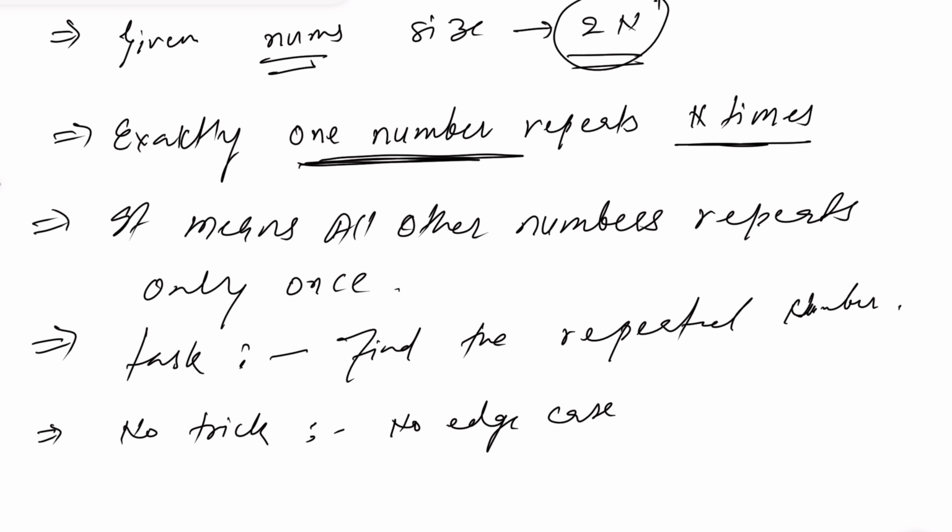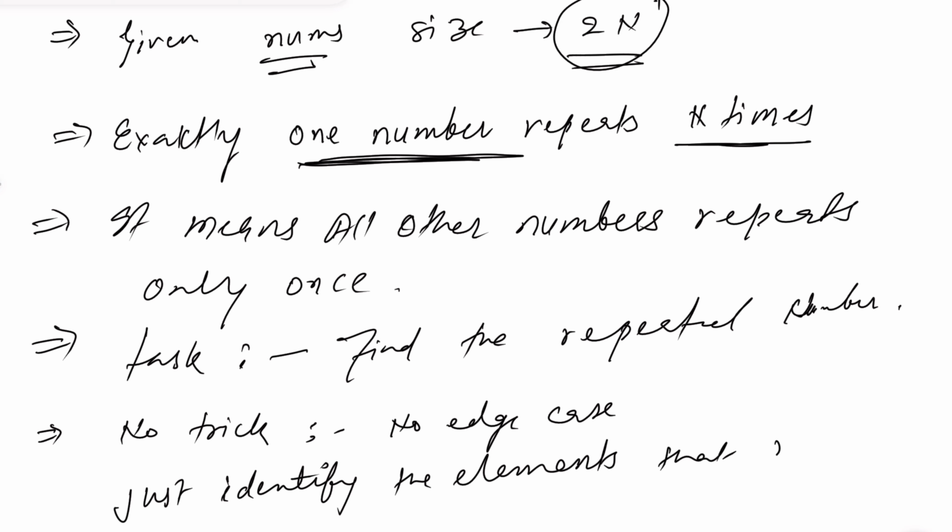Means we should just identify the elements that repeat, correct? And if we find the repeats, it means half of the array size.